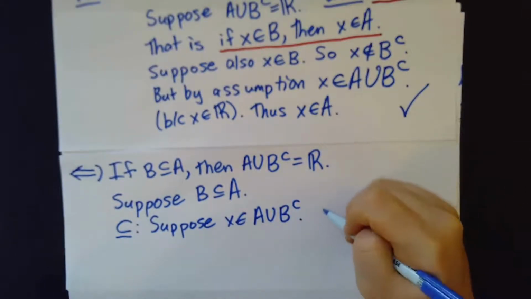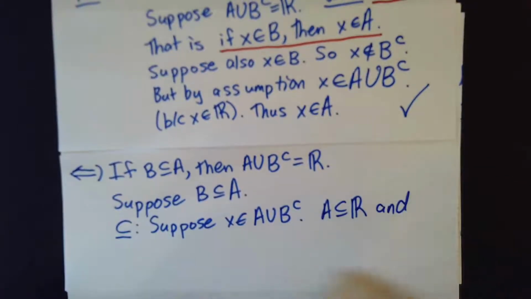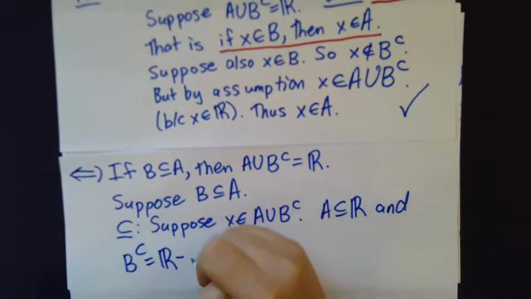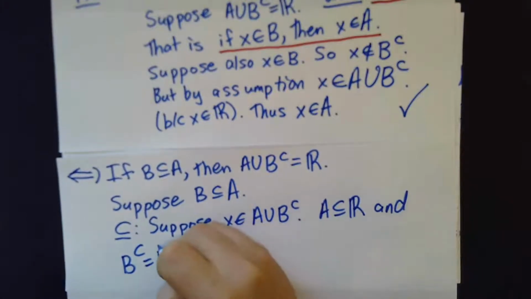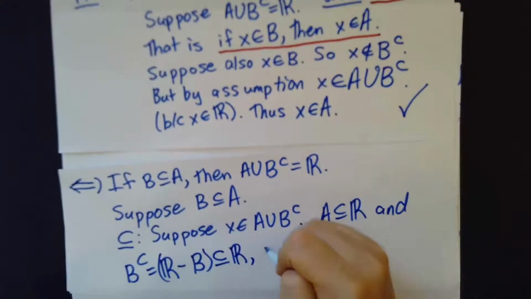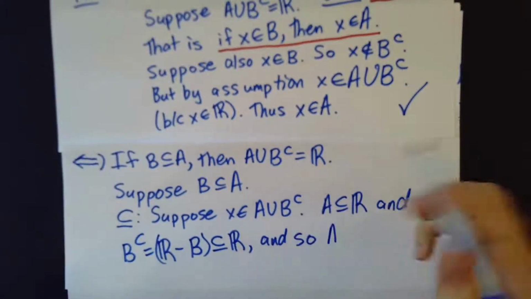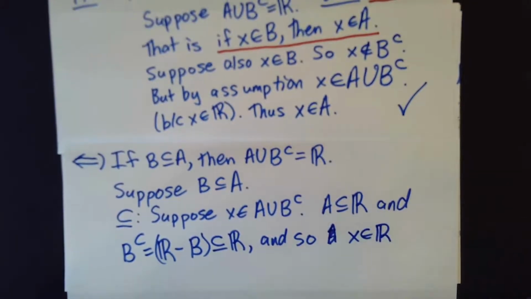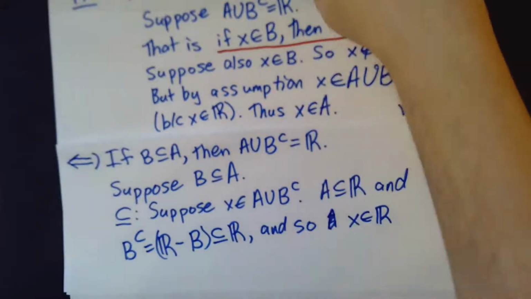Well, A is a subset of R. And B complement is just a fancy way to write R minus B. So that's certainly a subset of R. And so X is in R, regardless of whether X is in A or X is in B complement.